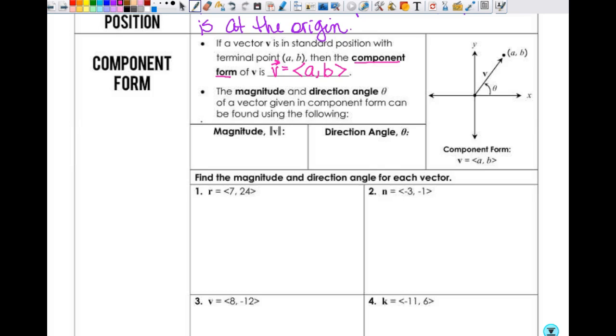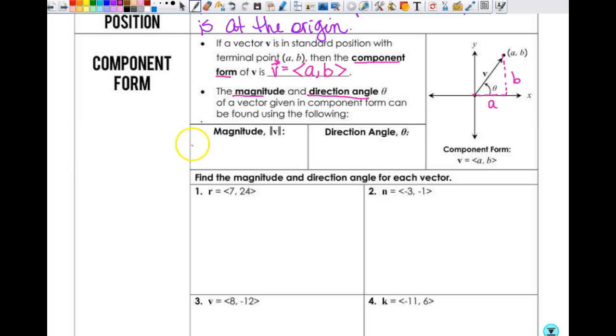Easy enough? So the magnitude and direction angle of a vector in component form can be found using the following. Well, if this is my vector in component form, and the terminal point is AB, then again, I can set up a little triangle here. This is A, this is B. Doing this is almost exactly the same as converting from rectangular to polar points.